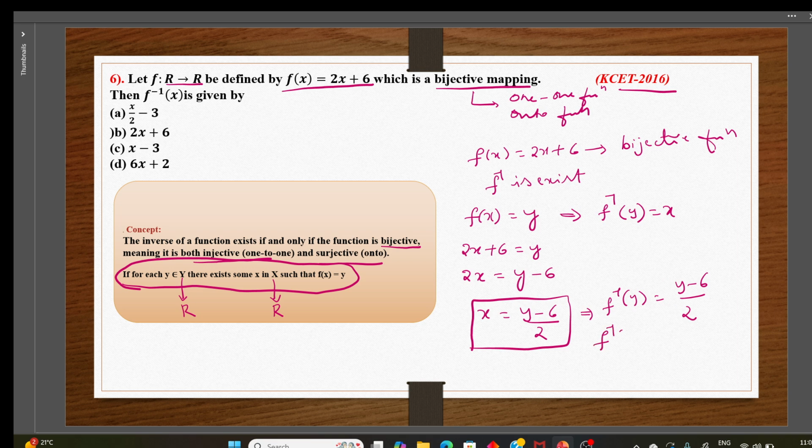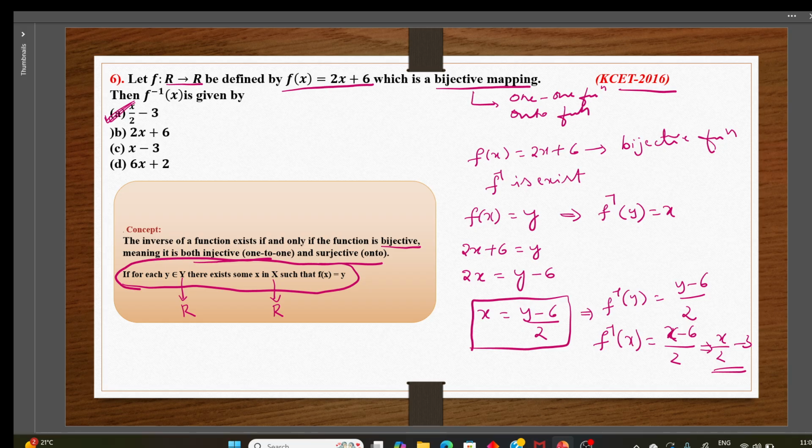If in the place of y we substitute x, f inverse of x means (x minus 6) by 2, which is x by 2 minus 6 by 2, that is 3. So x by 2 minus 3 is the answer.